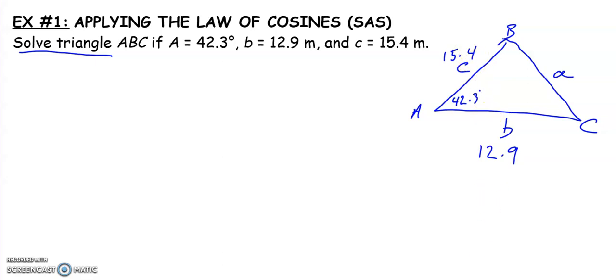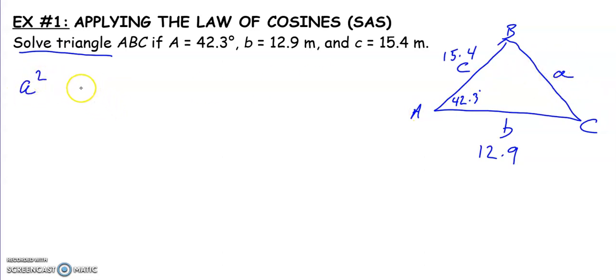Alrighty, so let's solve this triangle. Let's find all of my missing parts. Well, notice we have 2 side lengths, c and b. We have an angle, and that lets us find the side across from that angle.